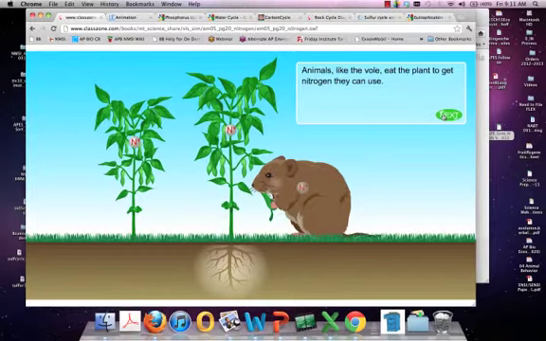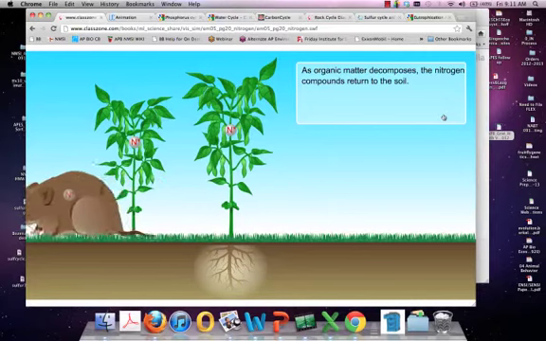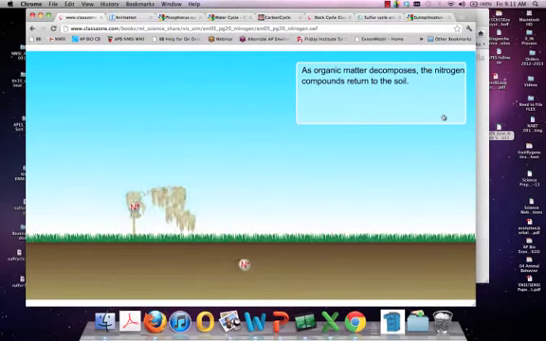Again, this is where the N's are coming from when we were talking about biochemistry in year 1 bio, where you had carbon, oxygen, hydrogen, and nitrogen being the most prevalent elements that you use to build carbohydrates, nucleic acids, lipids, and proteins. And then as this organic matter decomposes, the nitrogen compounds return to the soil. So the plant dies, and they go back into the soil.